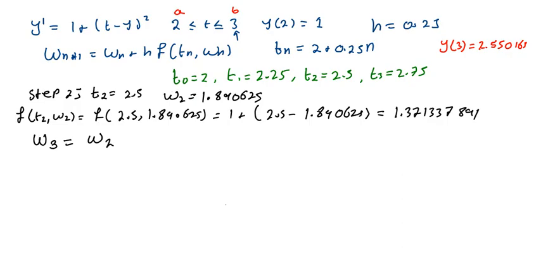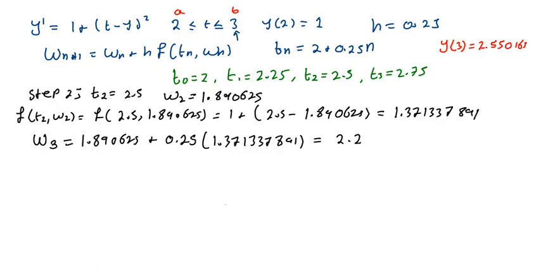So w2 we have already calculated is 1.890625, plus 0.25, which is our h, multiplied by our f of t2 w2, which is 1.371337891. So that is equal to w3. If you punch it on your calculator, it will be 2.233459473.